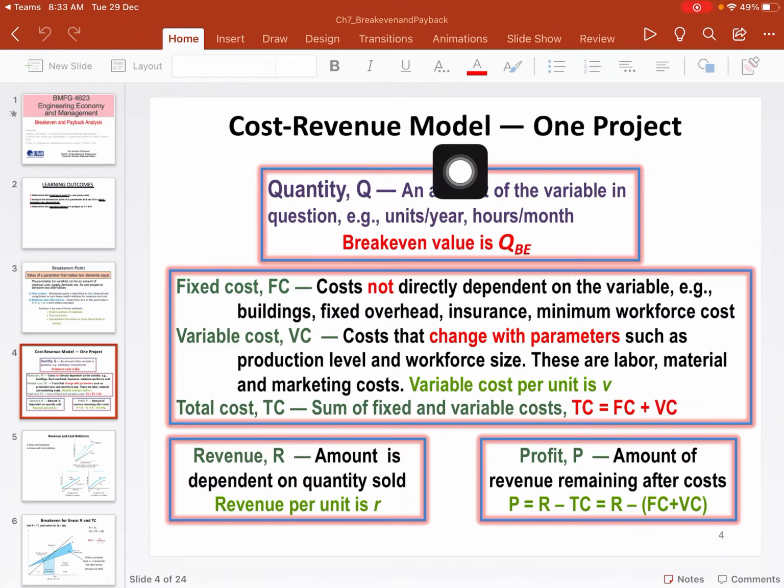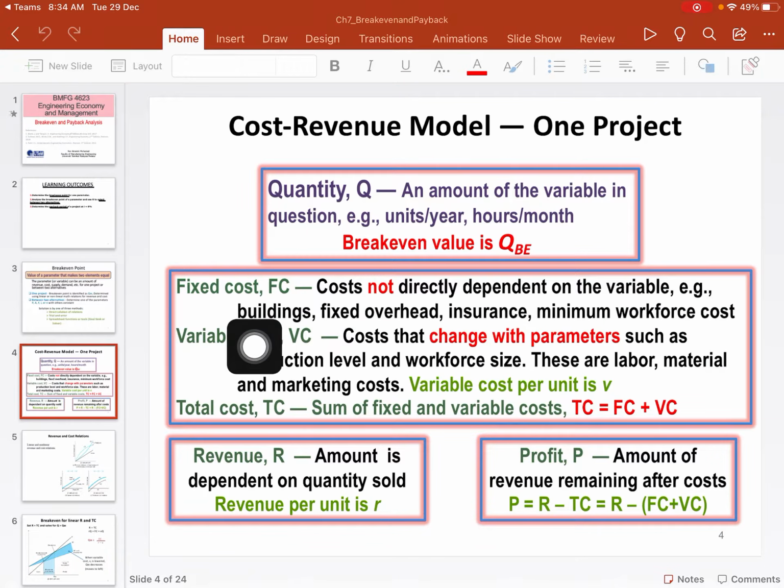So cost and revenue for one project are determined by these terminologies. Q is an amount of variable in question: units of a year, hours of a month, and it's called the break-even value, QBE. The fixed cost, denoted as FC, is cost not directly dependent on variable.